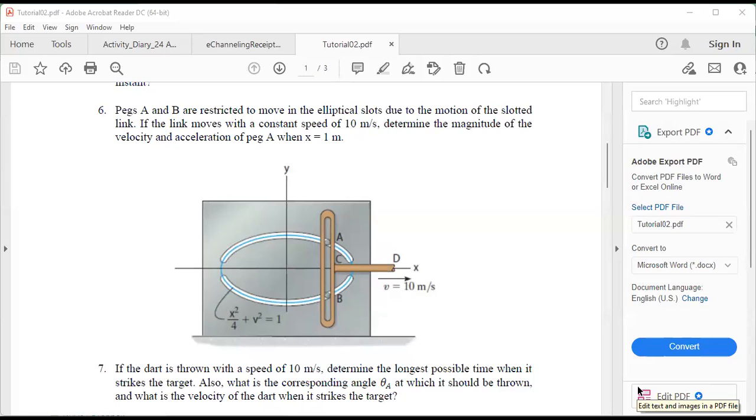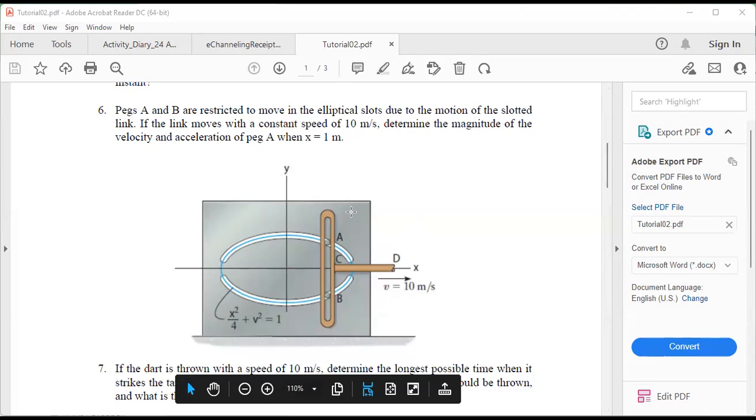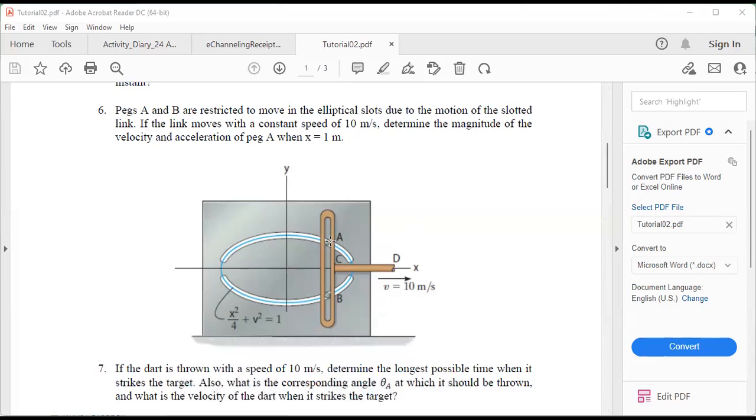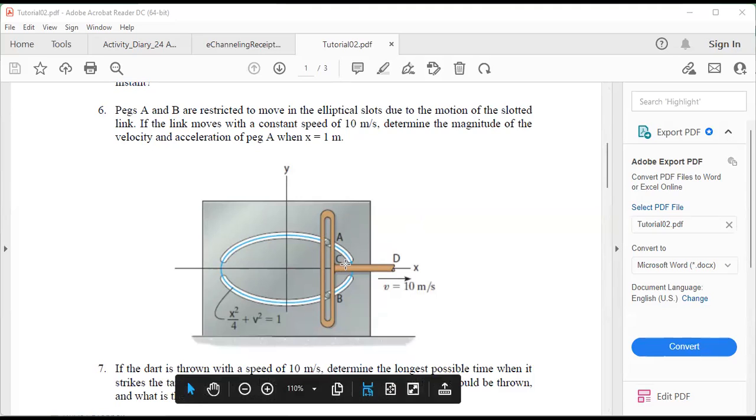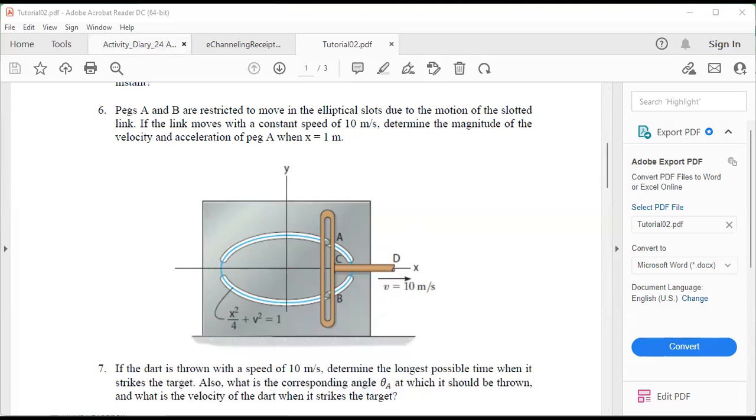Now the figure shows a mechanism with the link and two pins in two slots. Can you see? There are two pins at A and B, and there is a link which can move, right?